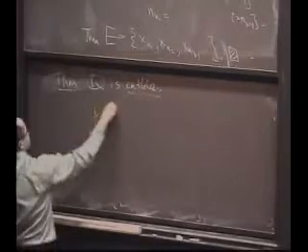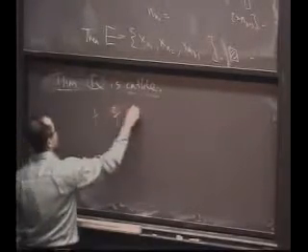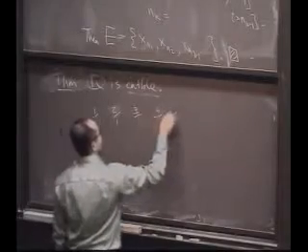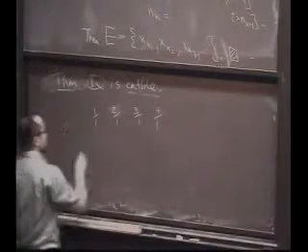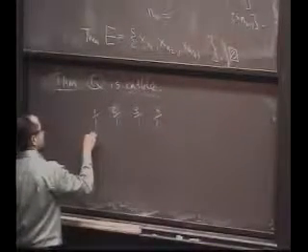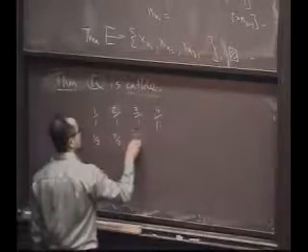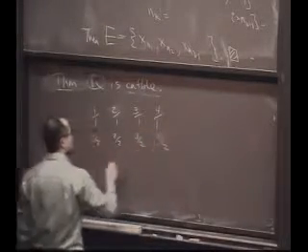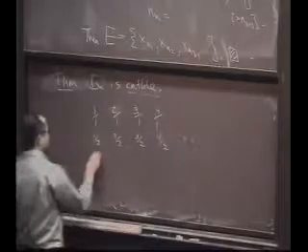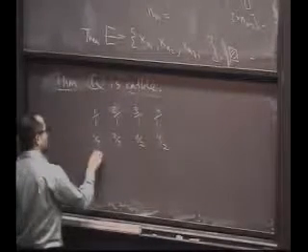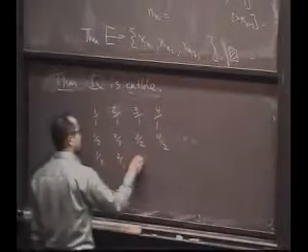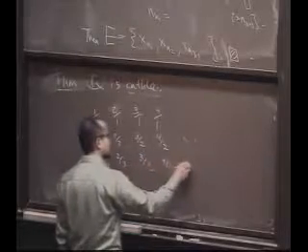Okay? But let's just say 1 over 1, 2 over 1, 3 over 1, 4 over 1, dot, dot, dot. Yes? And now I'll do 1 over 2, 2 over 2, 3 over 2, 4 over 2, etc. And then the next row I will do 1 over 3, 2 over 3, 3 over 3, 4 over 3, dot, dot, dot.